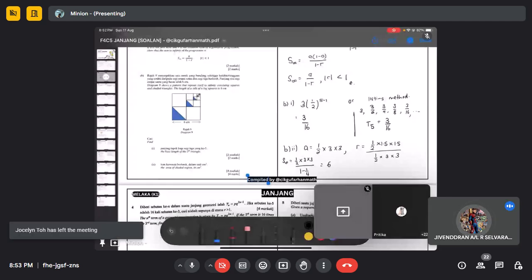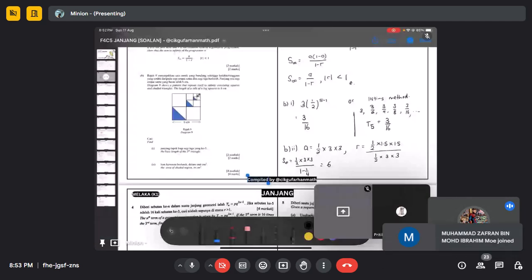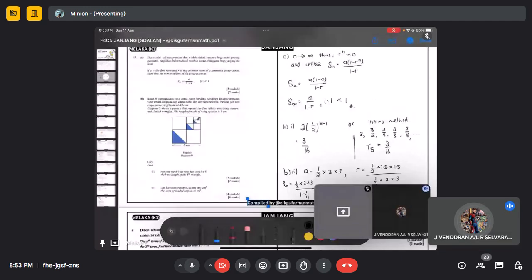Okay, for A, it's the proof we did last week, so I think most of you should know. Since n equals infinity, r to the power of n will be equal to 0. If you put infinity in r to the power of n, you can't get an answer, so you assume it's 0.